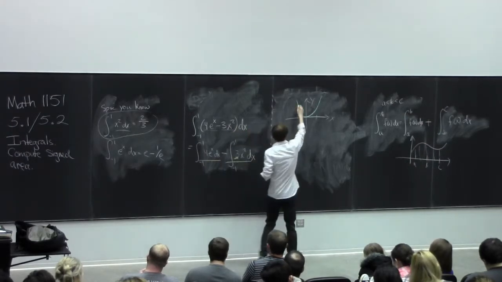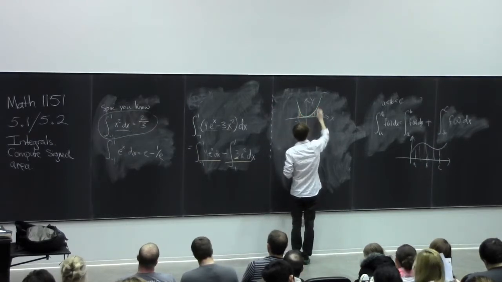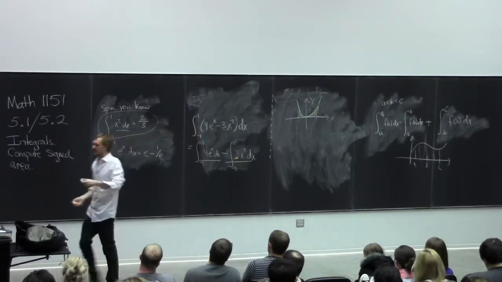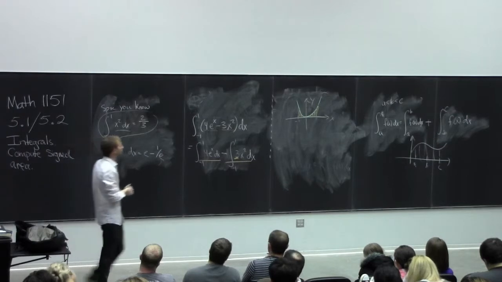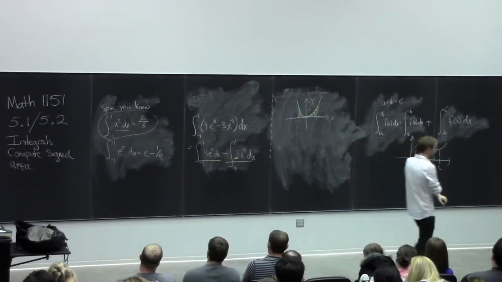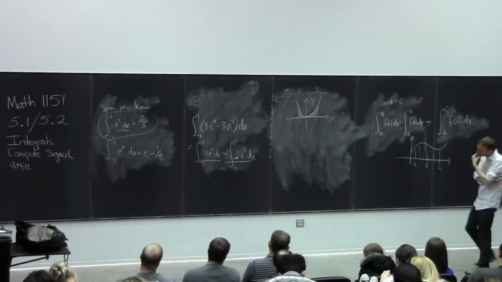The only thing that matters is that it's above the x-axis. And so there's the area we're trying to compute. But that doesn't have a nice shape that we know the formula for before the fact.